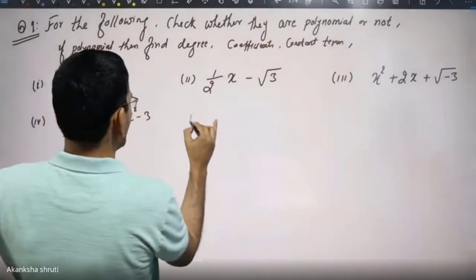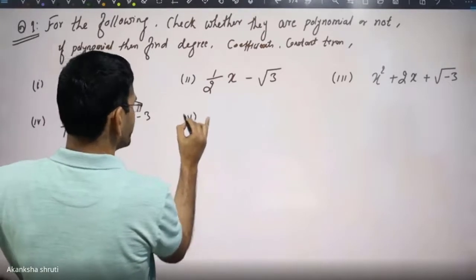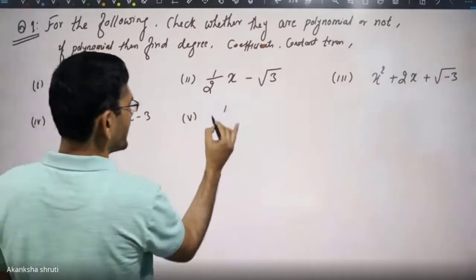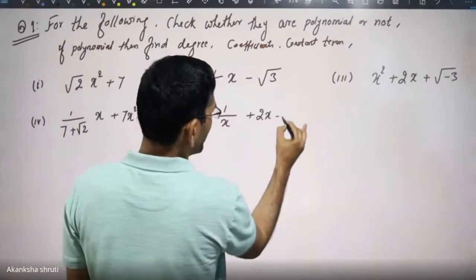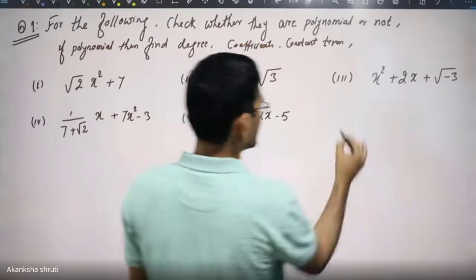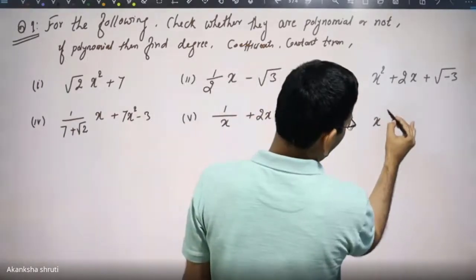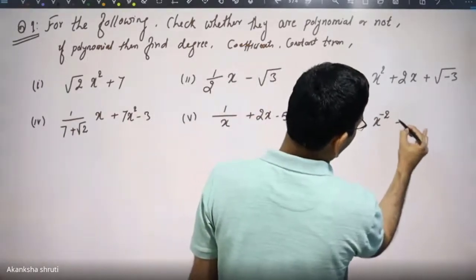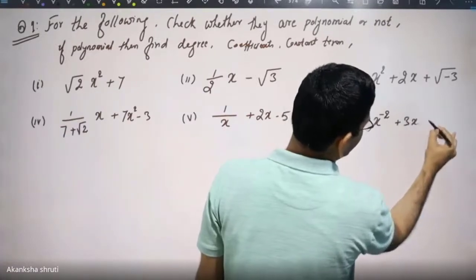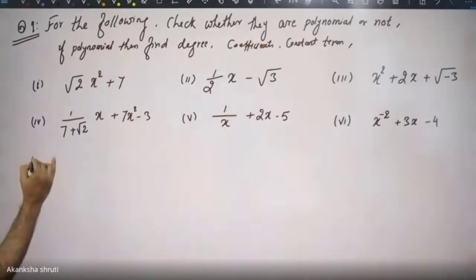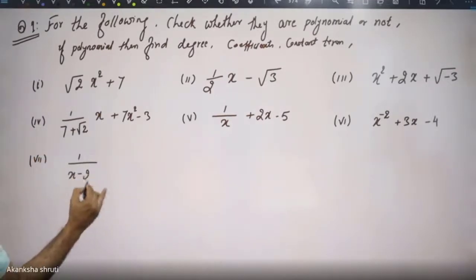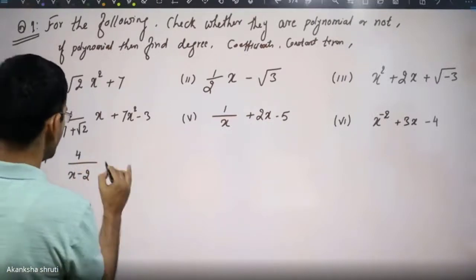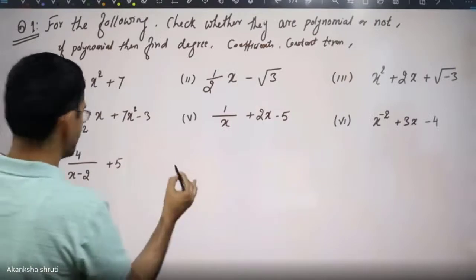The fifth one, 1 by x plus 2x minus 5. The sixth one, x to the power minus 2 plus 3x minus 4. Then the seventh one, 1 by x minus 2, or write this as 4 by x minus 2, plus 5 if you wish.